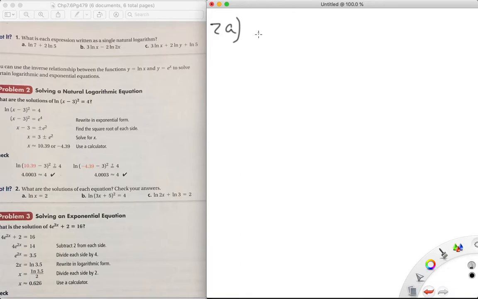So for 2a we have ln x is equal to 2. We're going to raise both sides to e.